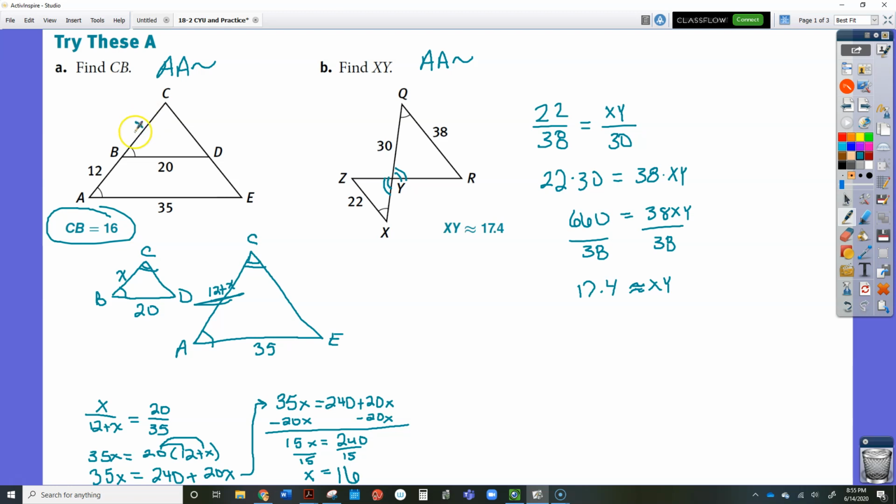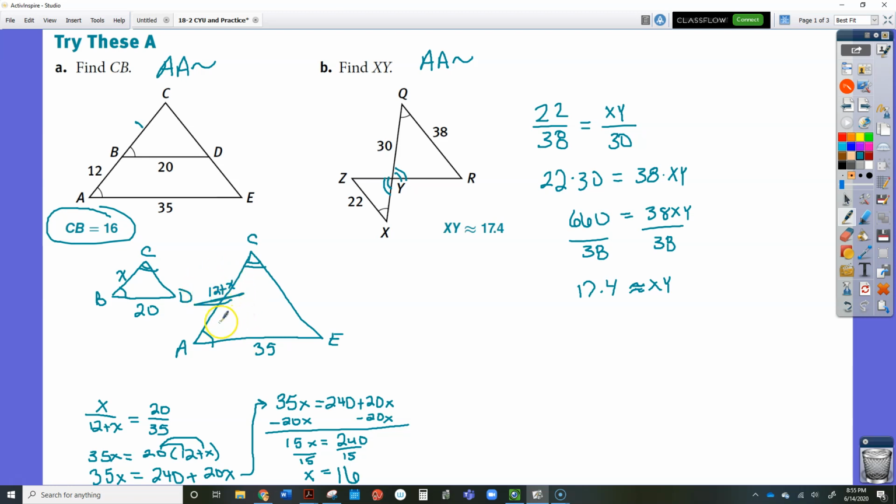And since we called that X, the length of side AC right here is going to be the 12 plus whatever we get for the value of X. So that's why I have 12 plus X right here.